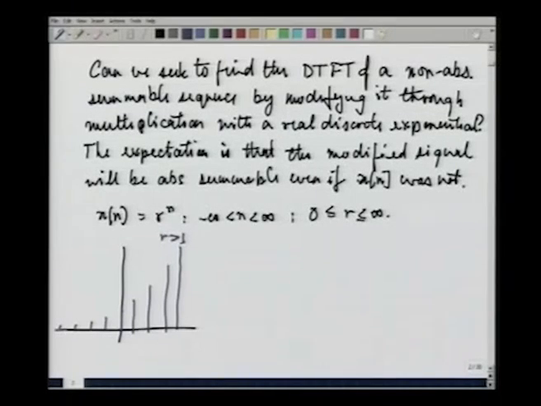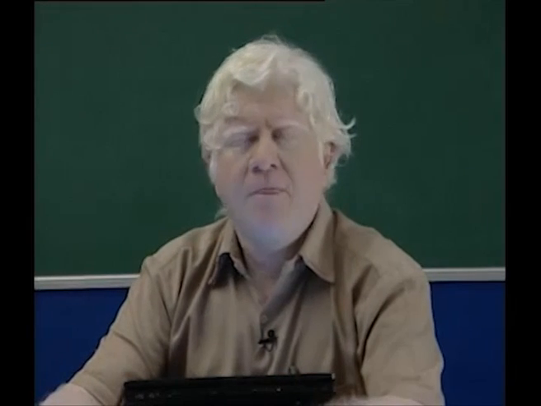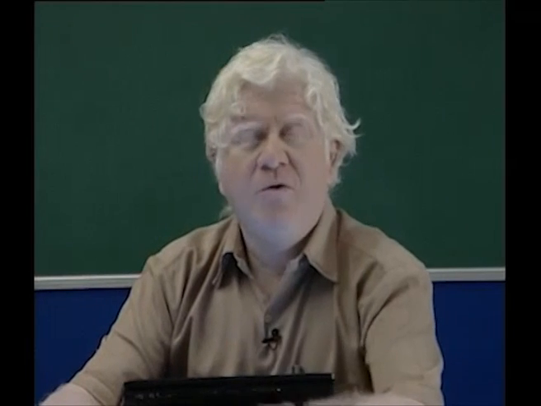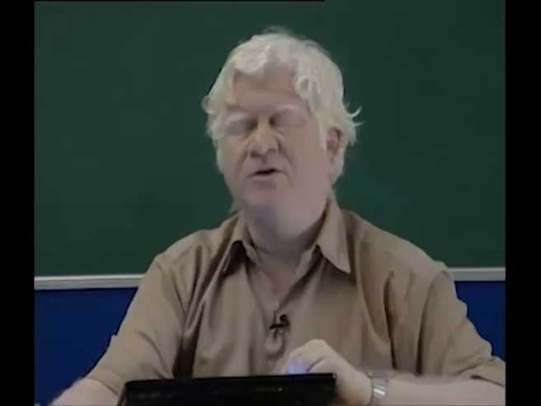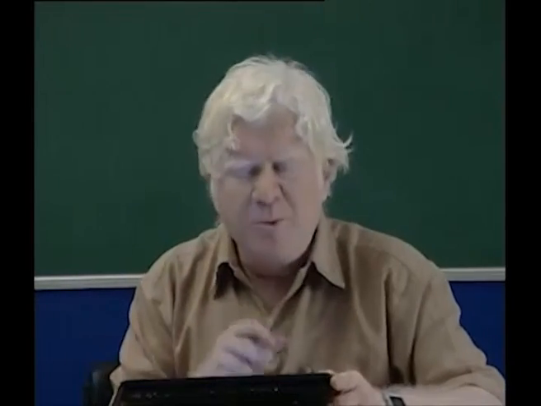Next case, which we will plot on the same graph for comparison, is r lying between 0 and 1. When r lies between 0 and 1, 1 by r is greater than 1, and thus 1 by r to the power n is a sequence of the sort we have just drawn, and r to the power n is the reciprocal of these values that we have plotted over here.